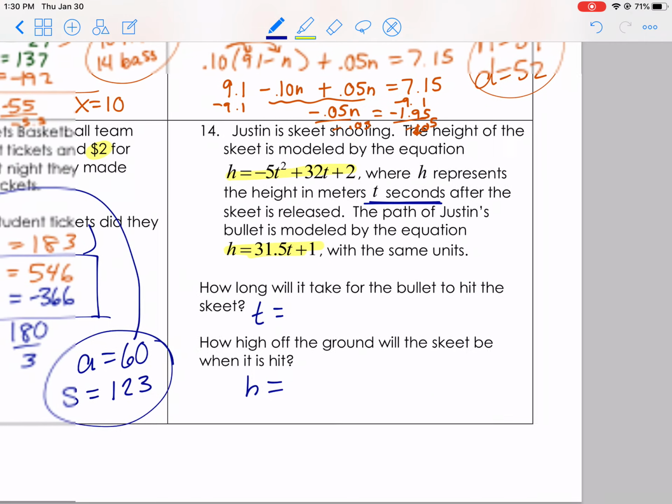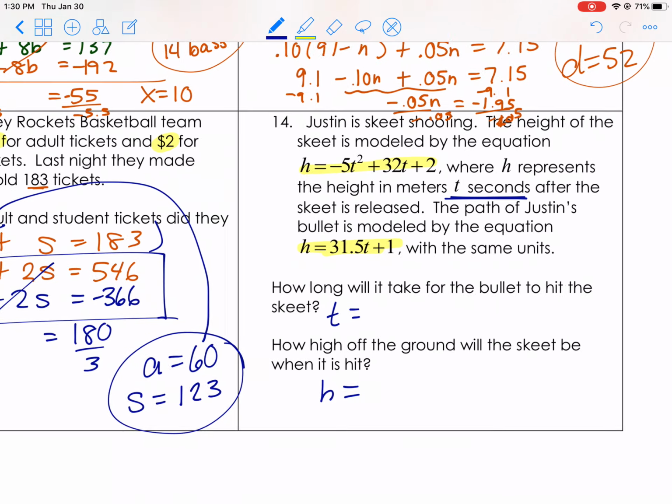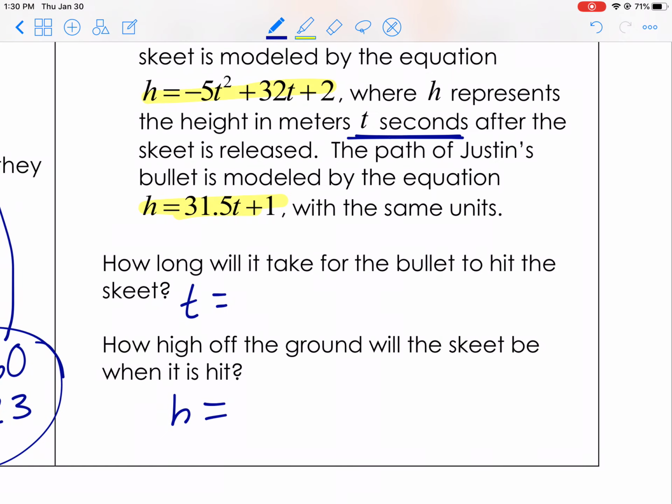All right, I don't have a lot of space here, which is going to make this tricky, but we can solve this by substituting, or we could do elimination, making sure we get rid of the h's. So let me get some space while I write this down.